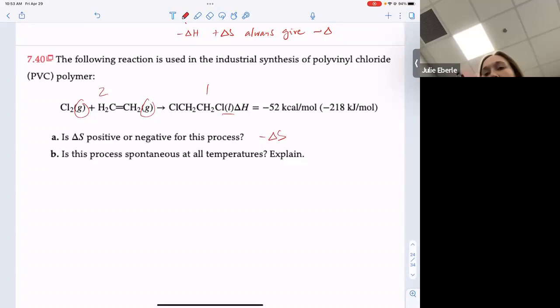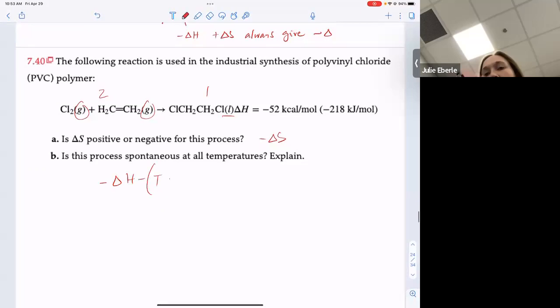So is this process spontaneous at all temperatures? Explain. So what we have is a negative delta H, and we also have a negative delta S. So we consider this our equation overall. When the signs are the same, it really depends on temperature.